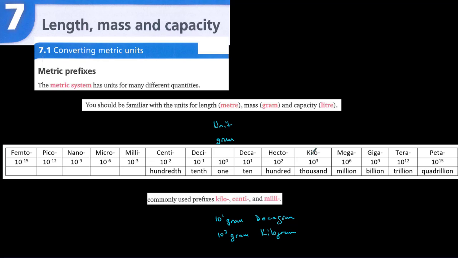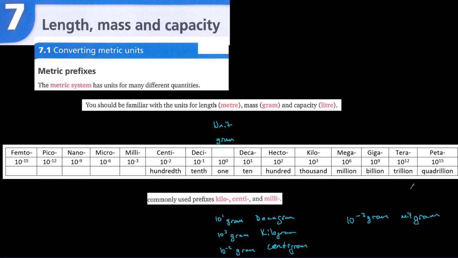Or if it is 10 to the power of minus 2 gram, it's going to be centigram. Or 10 to the power of minus 3 gram is going to be equal to milligram.